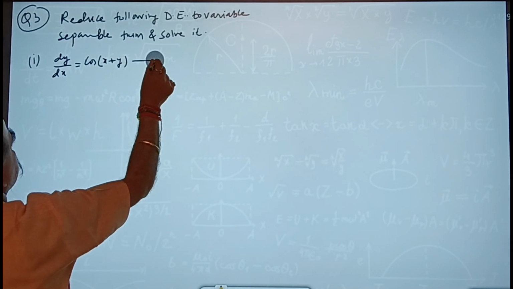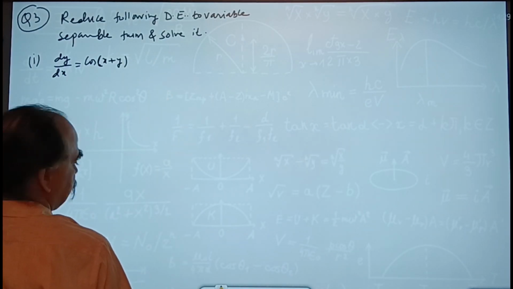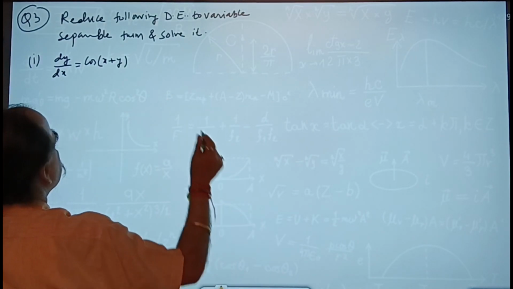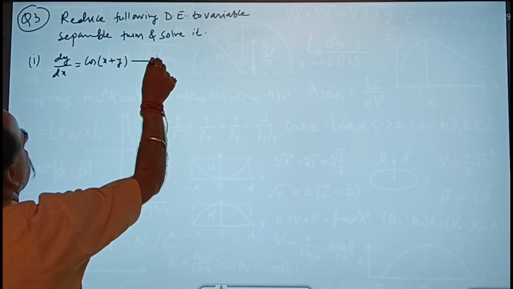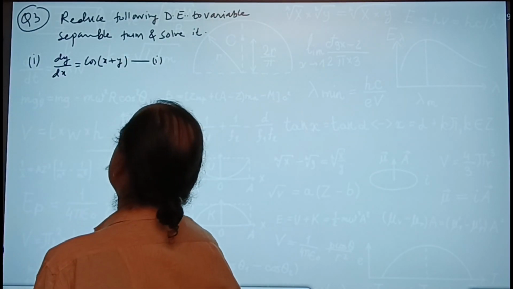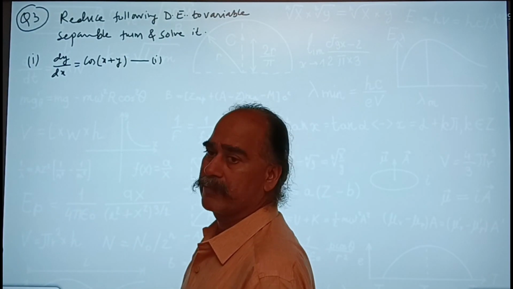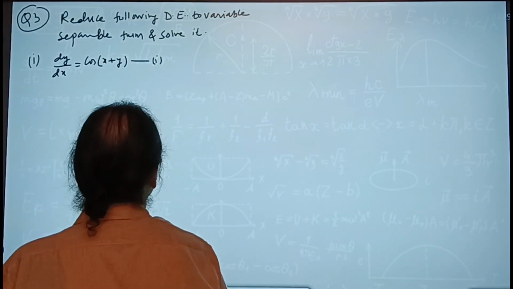It is so simple that we can very easily recognize what we need to substitute. Here we'll put x plus y as v. Put v is equal to x plus y.